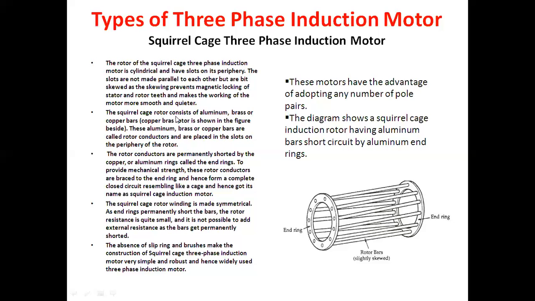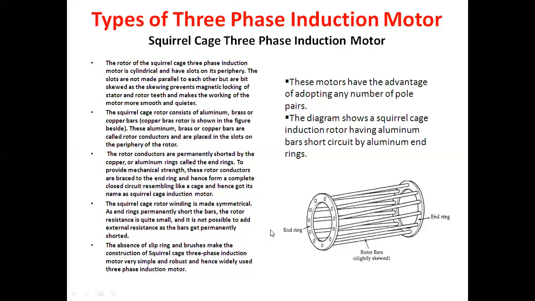The squirrel cage rotor consists of aluminum bars or copper bars, and these bars are called rotor conductors and are placed in the slots on the periphery of the rotor. The rotor conductors are permanently shorted by copper or aluminum rings, which are known as end rings.